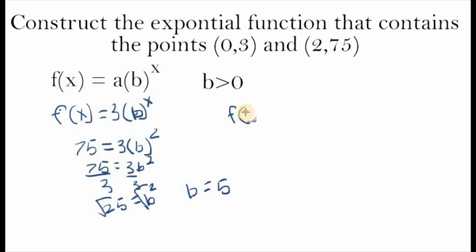F of x is equal to a is 3 times b, which is 5, raised to the x power. This is how you'd set up an equation or a function for solving one of your problems.